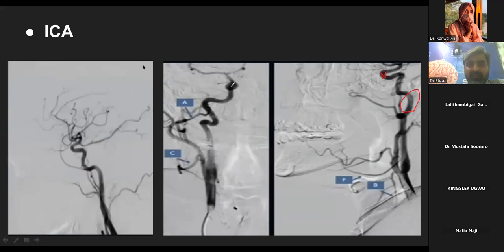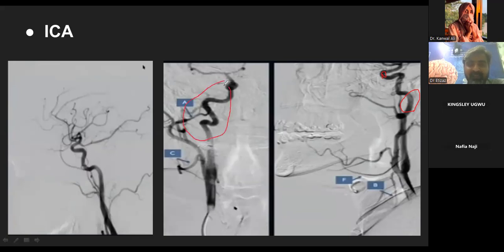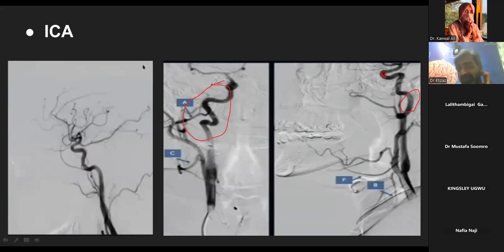And what about this one? Is it left or right? Yes, please. I think right. Right. It is a right-sided internal carotid artery.